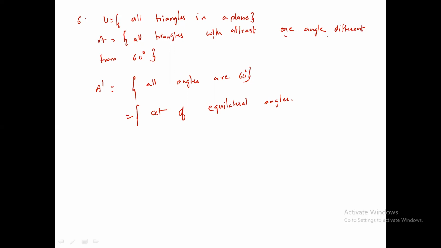Because in A, at least one angle is not 60 degrees. That means maybe one angle is not 60 degrees, maybe two angles are not 60 degrees, maybe all the three angles are not 60 degrees. So this does not happen means all angles should be 60 degrees. That will be A complement.